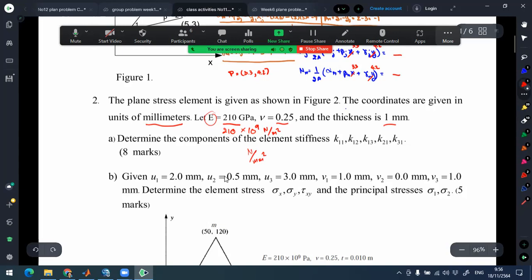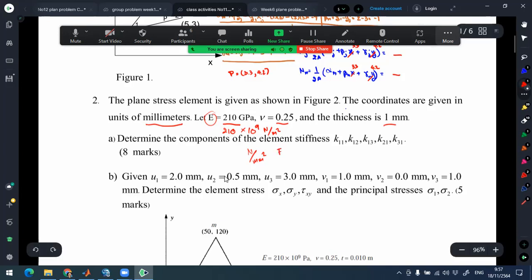This may be more convenient, because we have to be careful when we apply the formula and the values from the given data, that they should be in the same unit.